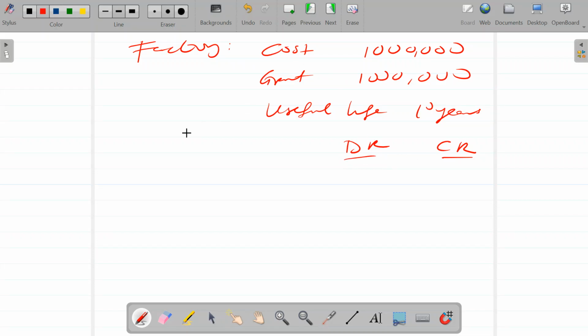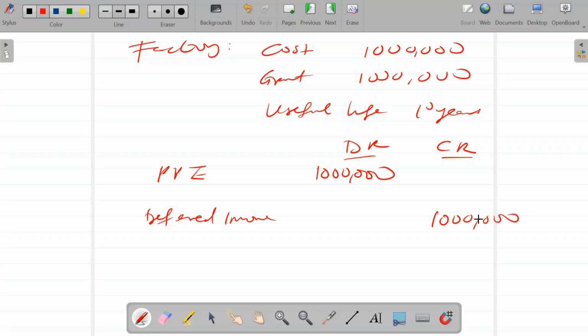We will debit our PPE by 1 million, then credit the deferred income by 1 million, like this. Now every year we will depreciate this asset, and when we depreciate this asset, we also have to amortize this grant. Okay, so year one.